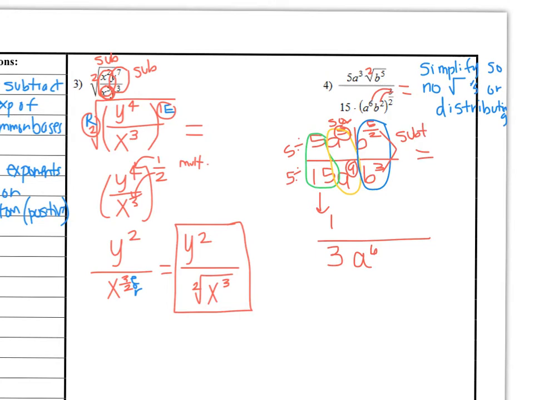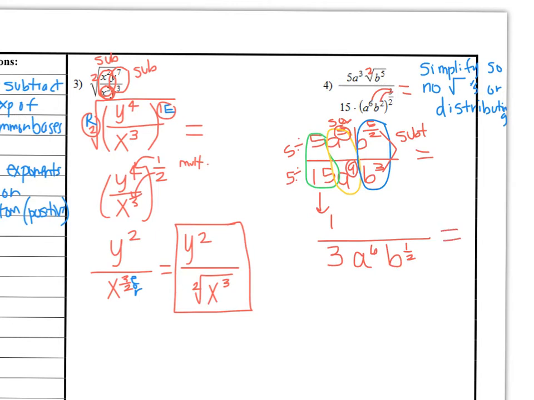And then if we subtract these two, 5/2 minus 3, we end up with 1/2, and actually it is -1/2. So when we get a -1/2, we put that on the bottom. So it'll be b to the -1/2, but since it's on the bottom, it is now positive.